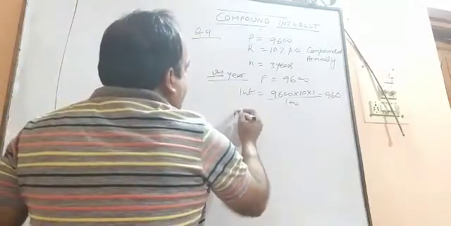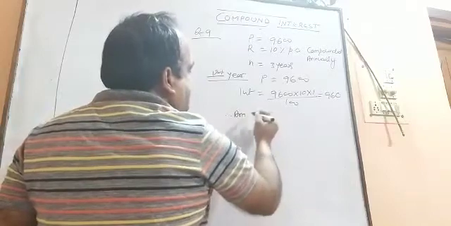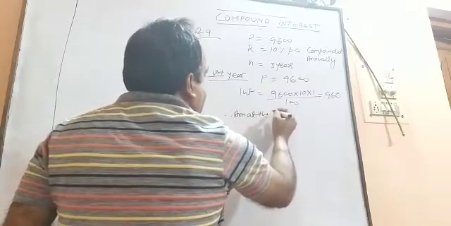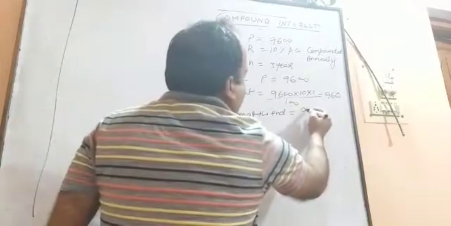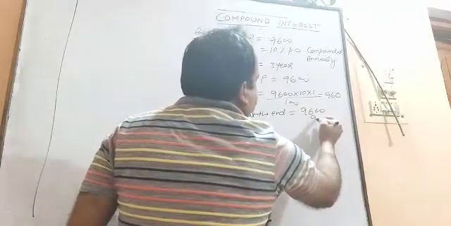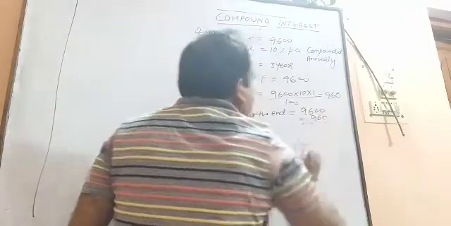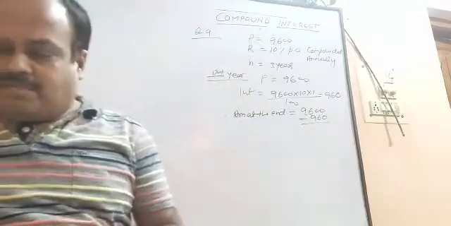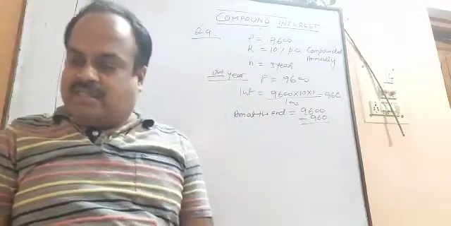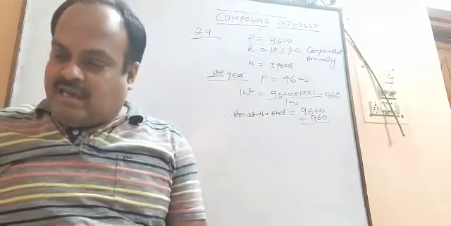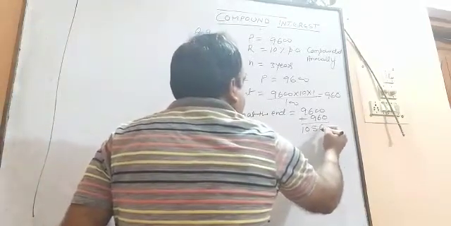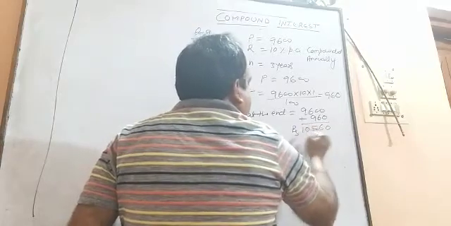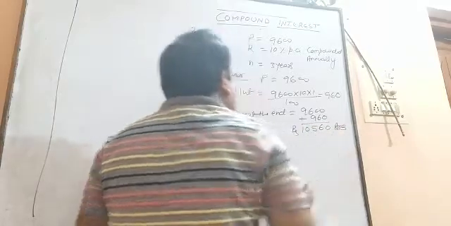Therefore amount at the end of 1 year will be 9,600 plus 960, which comes as 10,560. So this is the answer of the first part.